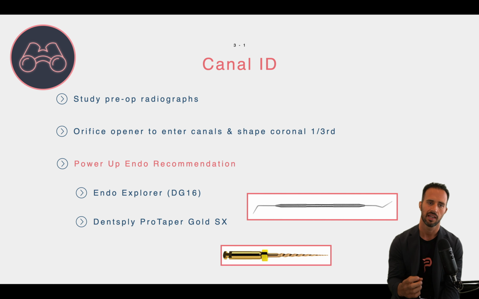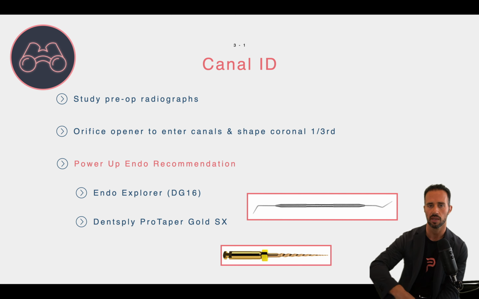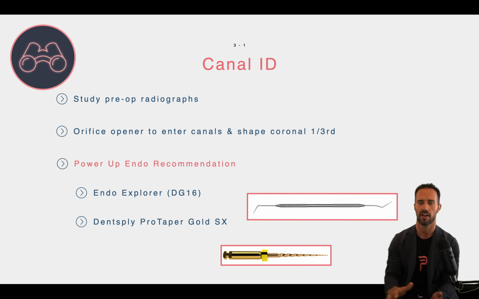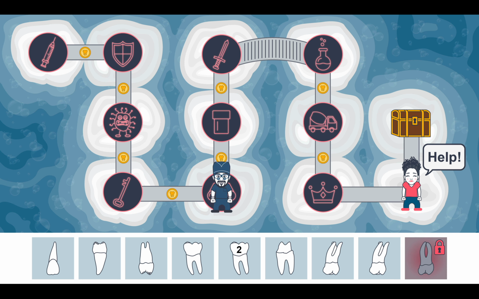It's a nice orifice opener because it's nice and chunky, and it's going to get that initial shape that you're looking for in the coronal third so that you can flood the chamber with your sodium hypochlorite and really start to see what the final shape and your canal identification is going to look like once all the canals are found. And once you've identified all the root canals inside the case, then you're going to work on your glide path preparation and your working length determination.